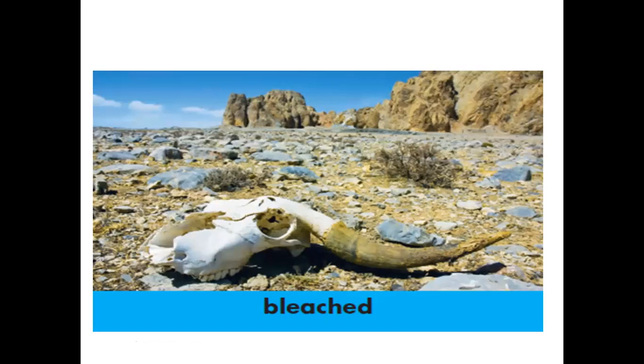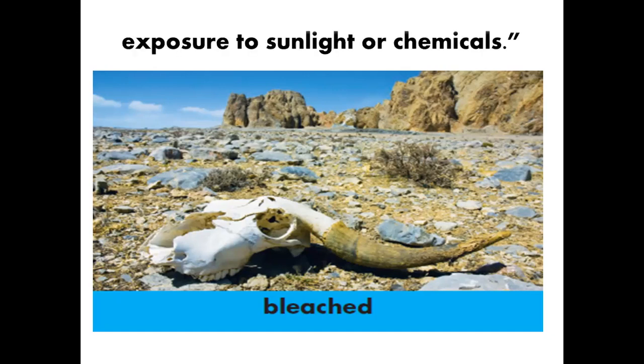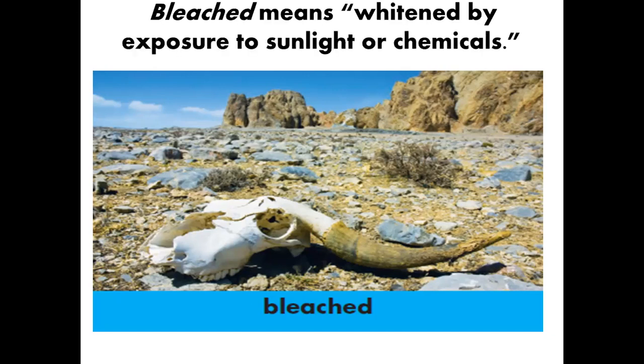As you can see in the picture, you can see somewhere like a desert, a piece of land surrounded by mountains. But what's the actual meaning of bleached? Bleached means whitened by exposure to sunlight or chemicals.